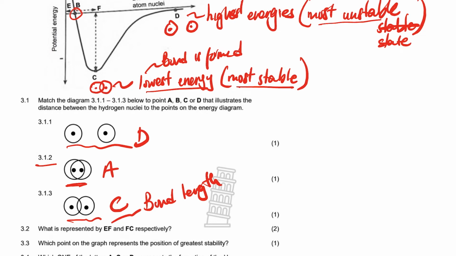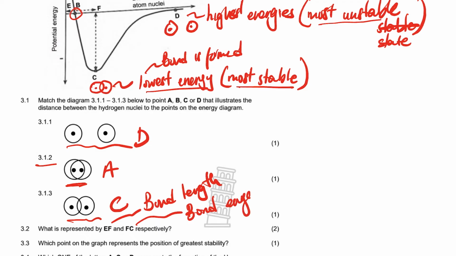It's very important. And then FC represents the bond energy. So the bond energy of C is this energy that you read from the graph there. So FC is the bond energy.